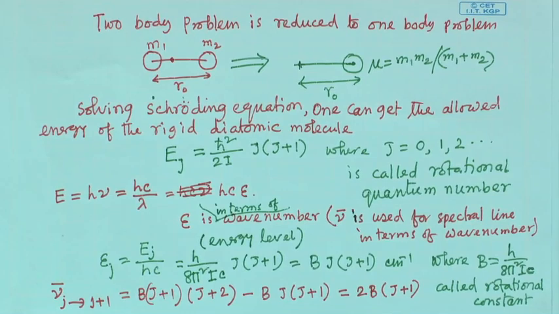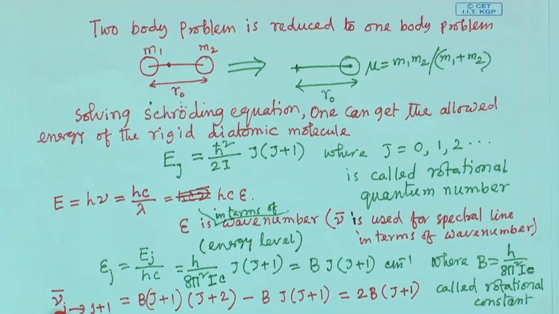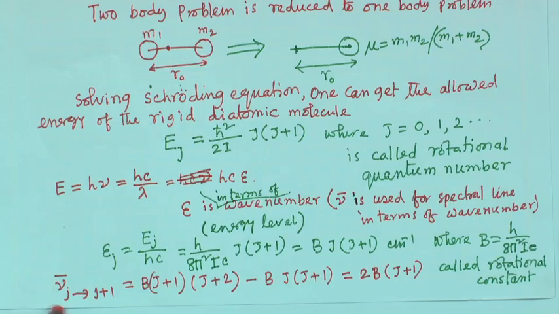Now, spectral lines are obtained due to the transition between two energy levels. So, what will be the energy of the spectral lines? We express that in terms of nu bar, for the transition from j to j plus 1 between these successive two energy levels, in terms of wave number.